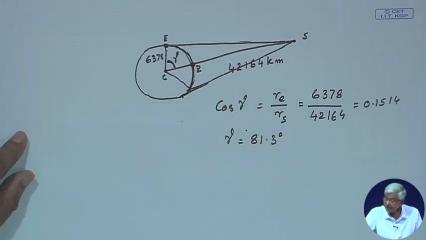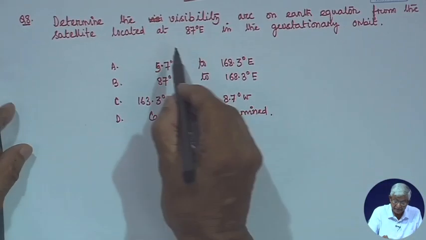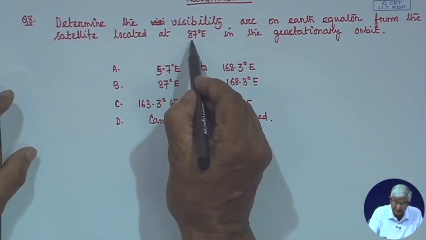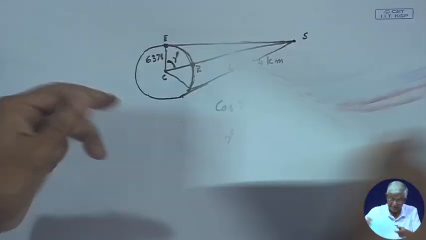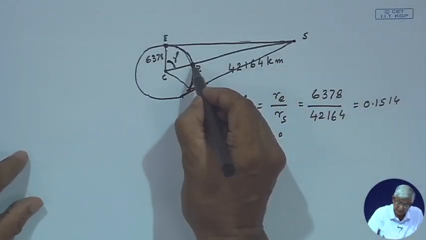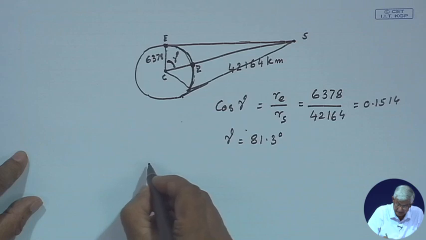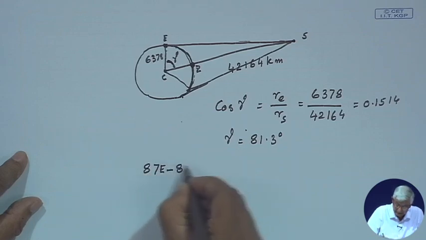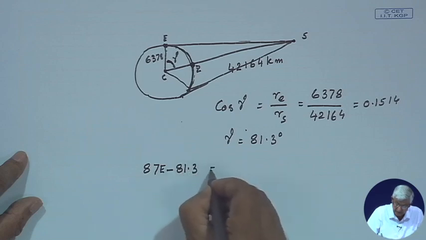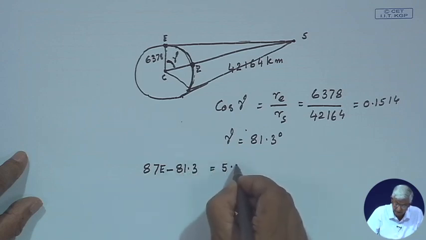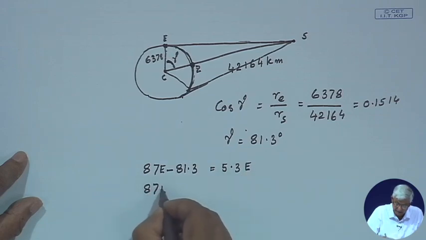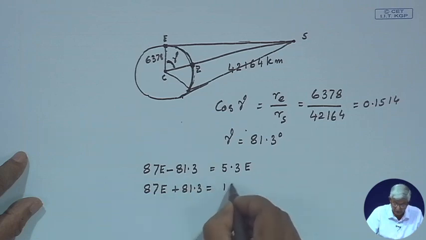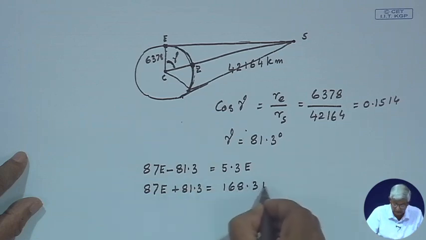Now, what is given is that the satellite is located at 87 degree east, that is your sub-satellite point Z. So, 87 degree east minus 81.3 degree comes out to be 5.7 degree east, and 87 degree east plus 81.3 degree comes out to be 168.3 degree east.